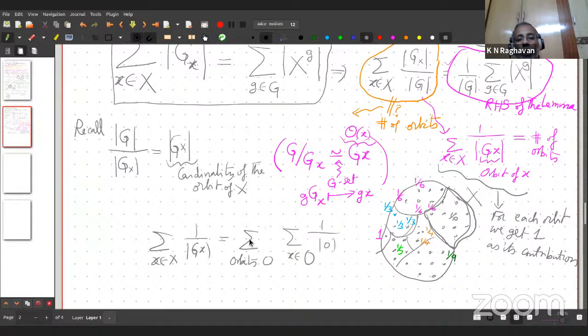This is what this is. So I am summing over these. These O's represent the orbits: 1, 2, 3, 4, 5, 6, 7. Right?